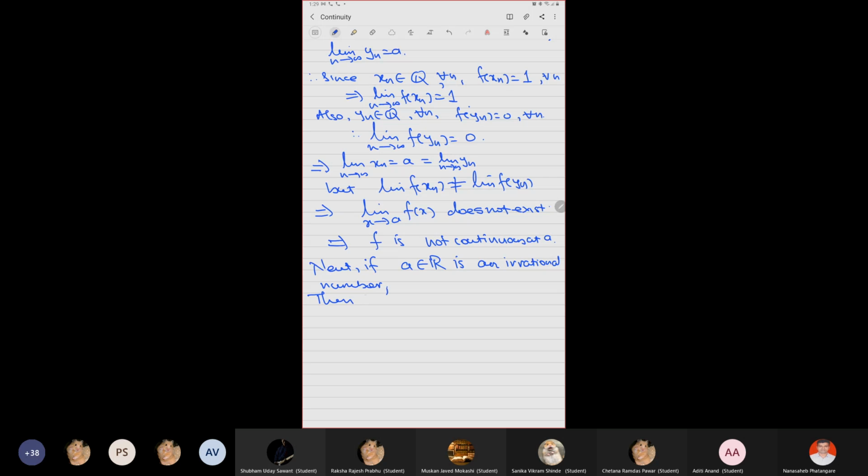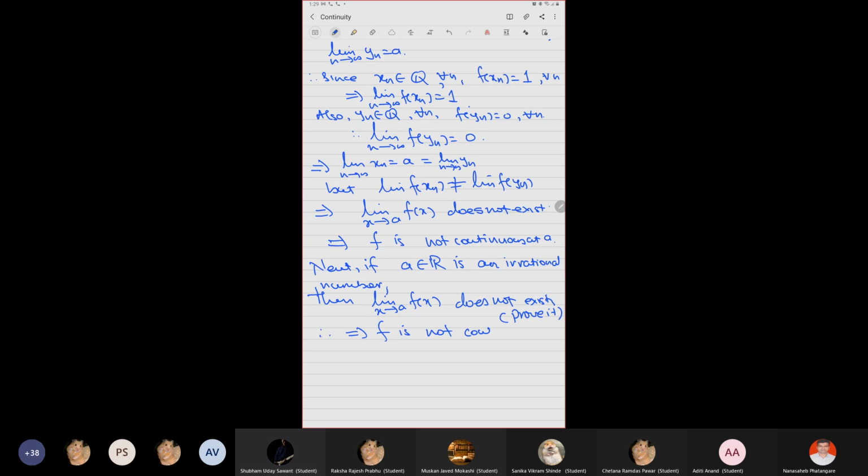Then the limit as x tends to a of f of x does not exist. Right? So you can check it in a similar way. And therefore, what is the conclusion? Therefore, the function f is not continuous at any point in the domain.